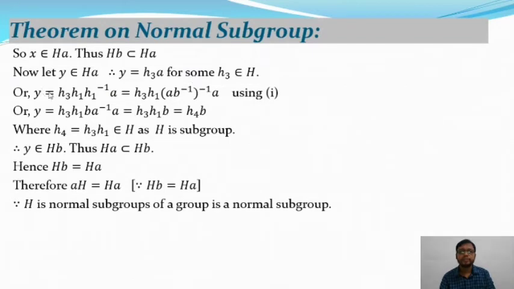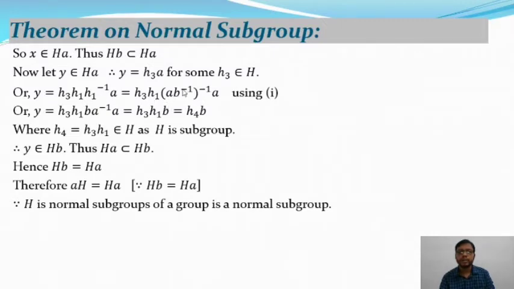And again the above equation can be reduced to Y is equal to H3 into H1 into H1 inverse into A, and you know that H1 into H1 inverse is equal to identity, so we can write H3 of A as H3 into H1 into H1 inverse of A, and you know that H1 is equal to AB inverse. I have already found this one, H1 is equal to AB inverse.